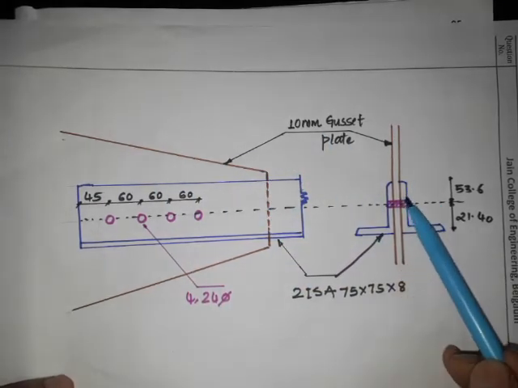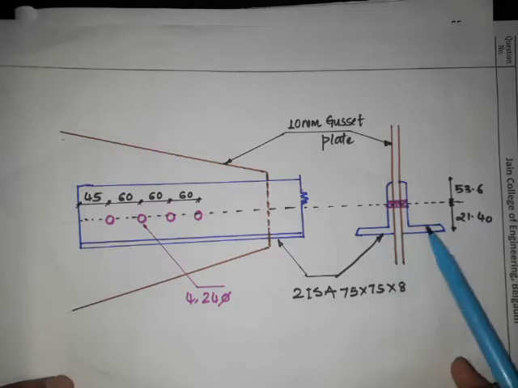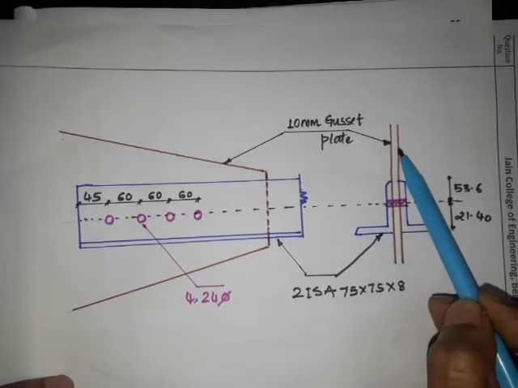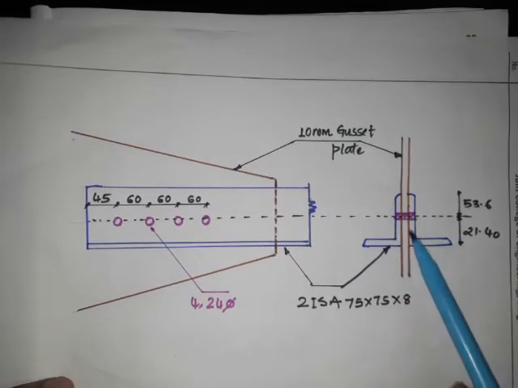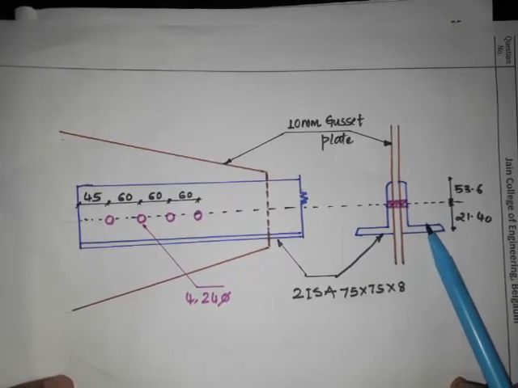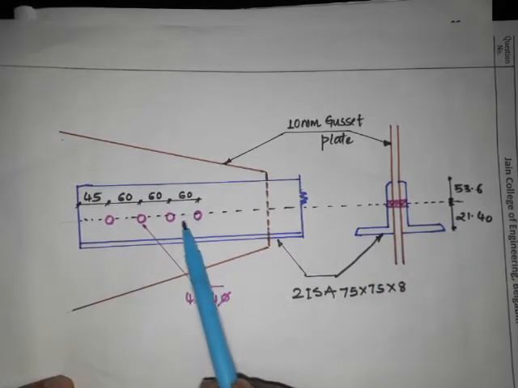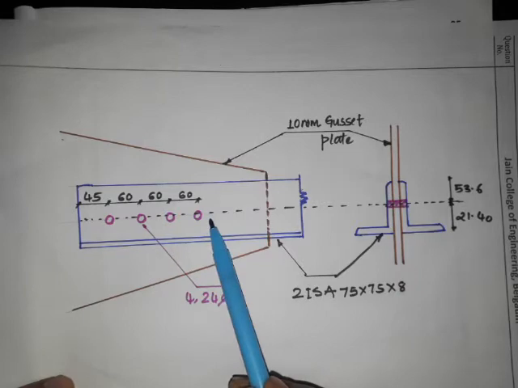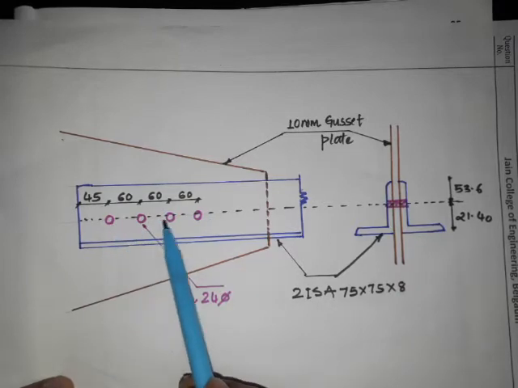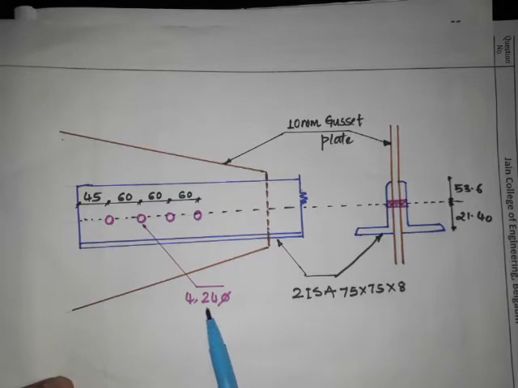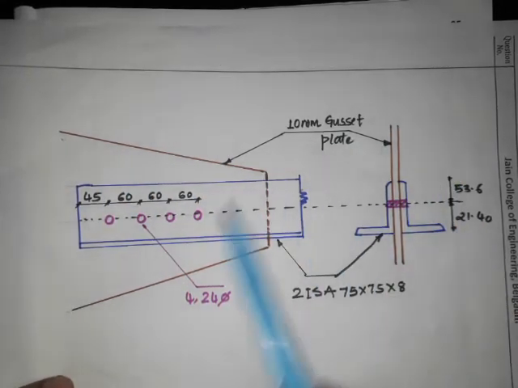As I told you, you have to provide 2 angles back to back with a 10 mm gusset plate in between. Then we have the connection details here: 1, 2, 3, 4, 4 bolts of 24 mm diameter. So this is the connection detail for the main tie.